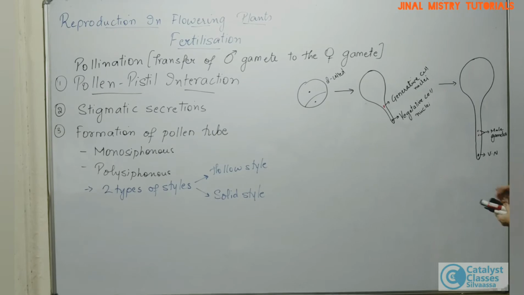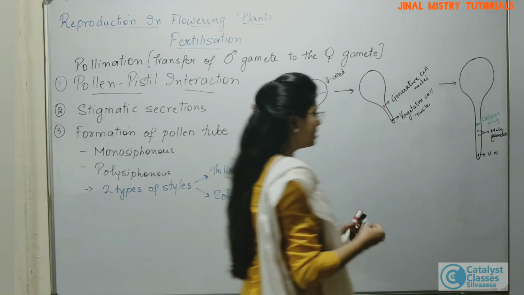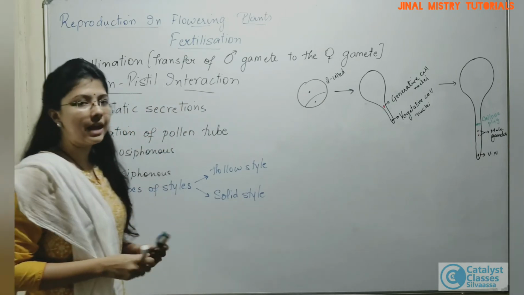To prevent that, the pollen tube forms a plug, which is called the callose plug. This callose plug prevents the contents present in the tube from entering back into the upper part. So this is the vegetative nucleus and these are the two male gametes.